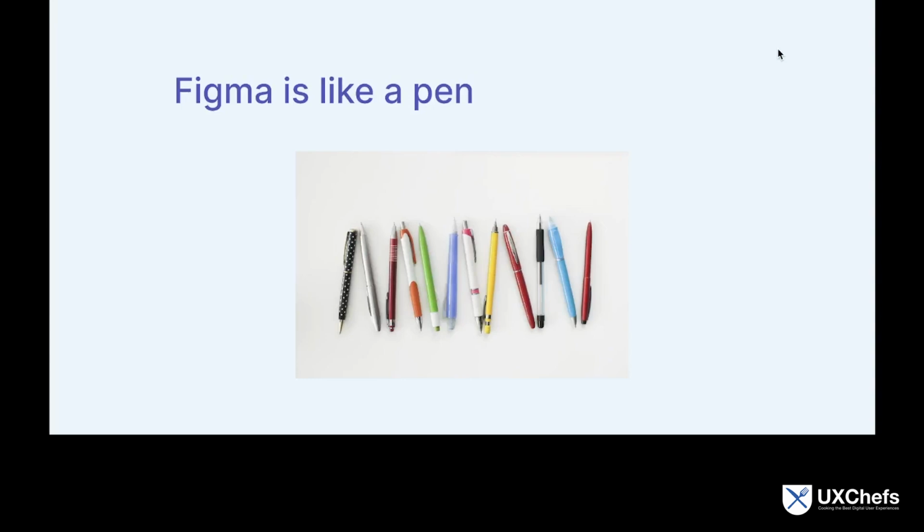So this shows you that what you use Figma for is what really matters. Because at the end of the day, what you can do in Figma, you can do in 30 other tools also. So although Figma is a very important tool, it's like a pen. You can use different pens, but eventually what you use them for is what really matters.